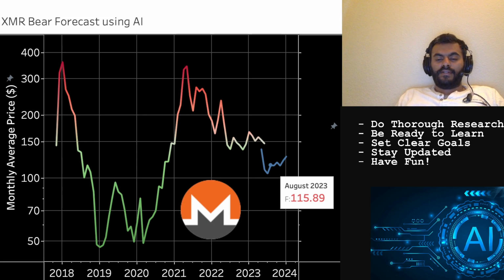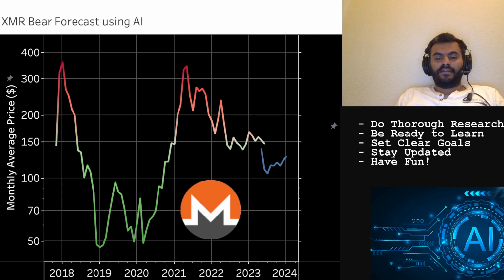I would like to fix this model if we see further strength from XMR in the coming days. For August, though, the monthly average forecast is at $115. September the same at 115, October 119, November 115 again, December 122, and January 127. So these are all the cases.